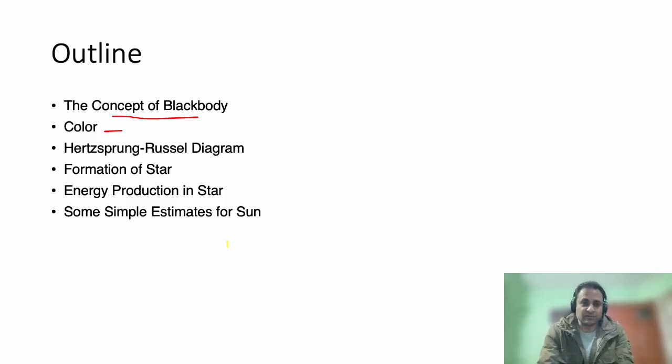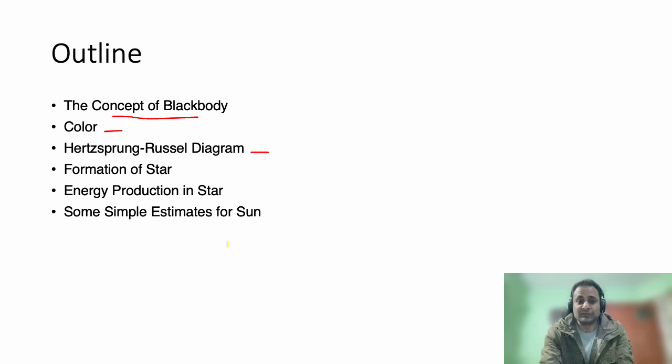And then before we go to the star formation, we will briefly discuss how the stars look in the Hertzsprung Russell diagram, or we also call it HR diagram. HR diagram is a very fundamental graph between very fundamental quantities of the stars, and it can give you a lot of information about the stars.